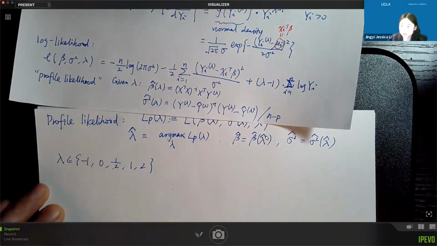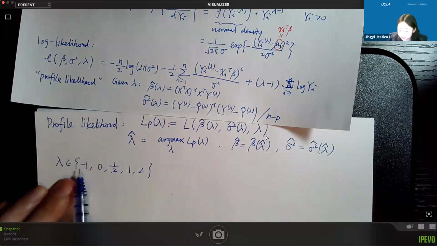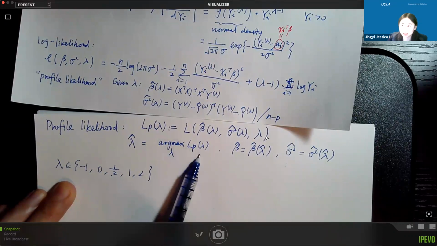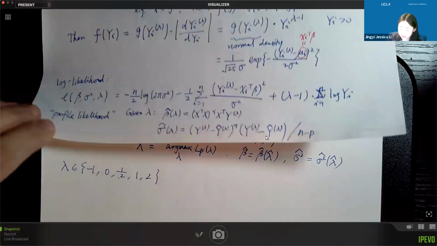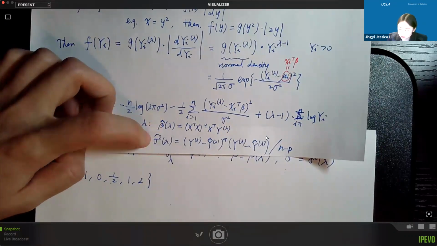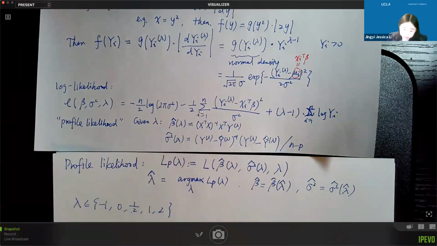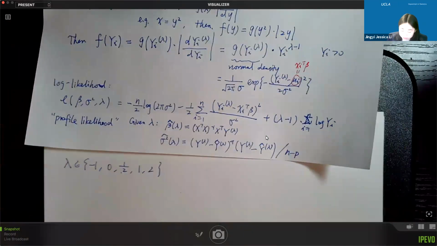Those are the usual transformations we consider. Then it becomes simple. You just use those 5 numbers to evaluate which one maximizes the profile likelihood, and you're done. You consider each of the 5 values, consider the corresponding beta hat and sigma squared hat, plug them back in, evaluate the likelihood, and you're done. Okay, so that's the Box-Cox transformation.